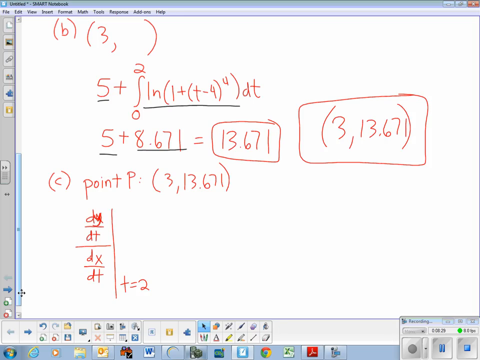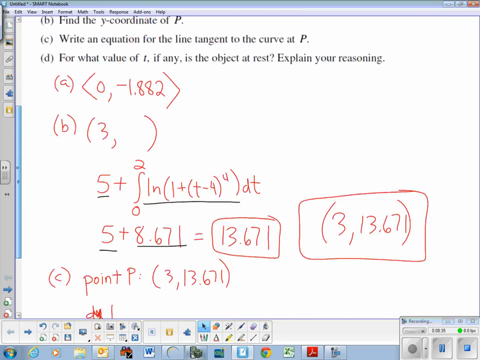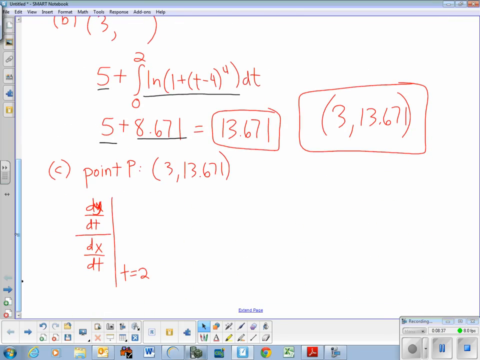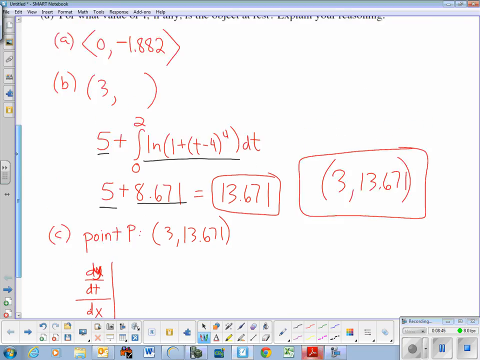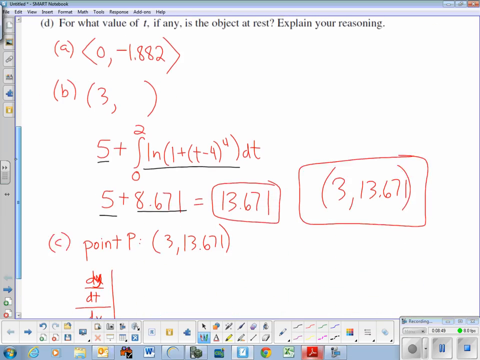So I need the value of the function dx/dt. This is the given function, right? I want the slope, so I don't need to differentiate or integrate it. I've already got the derivative. I just need to substitute 2 into both of those. My dy/dt function is the natural log of 1 plus t minus 4 to the 4th.